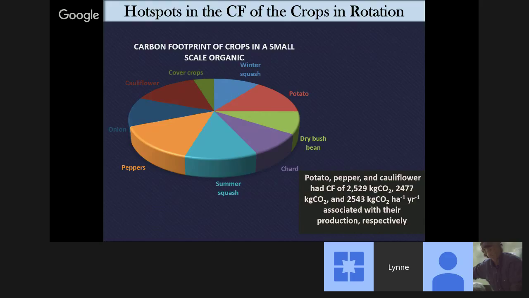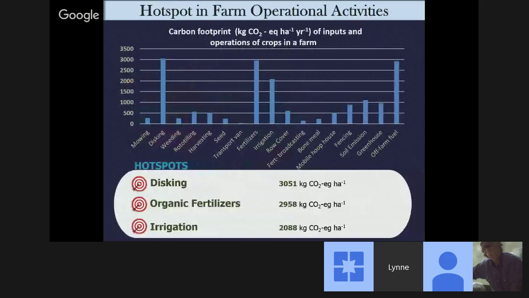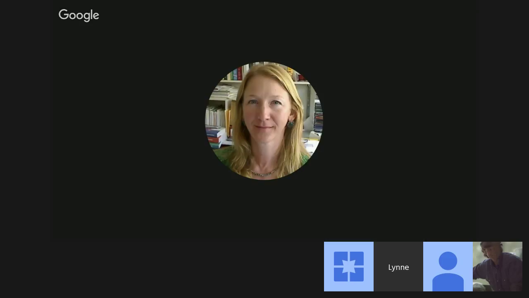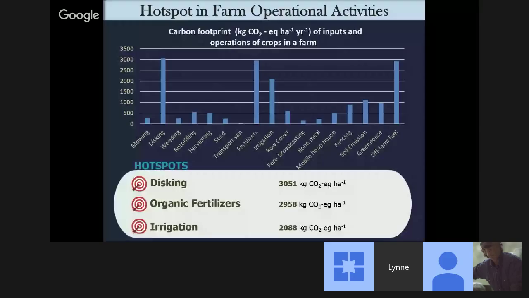And you can also look at the various operations. So these are all of the operations and the large individual inputs being used. And you can see that activities like disking were a large contributor, and therefore it's identified as a hotspot.